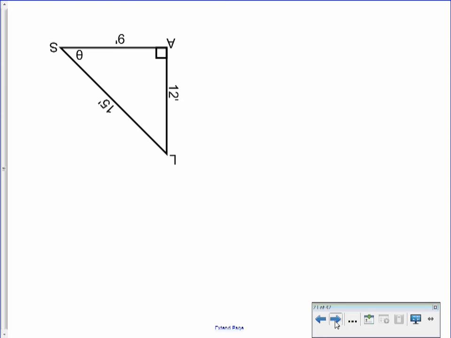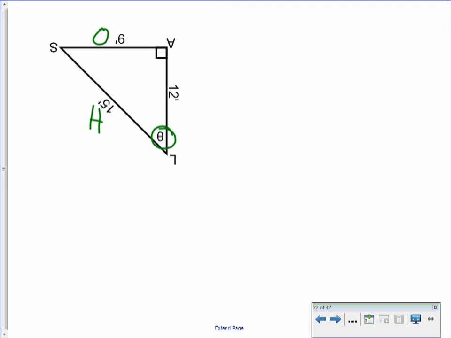So, let's take a look at the problem here. We see our theta, yes? Where is our hypotenuse? Here's our hypotenuse. Where is our opposite? The 960 looking thing.